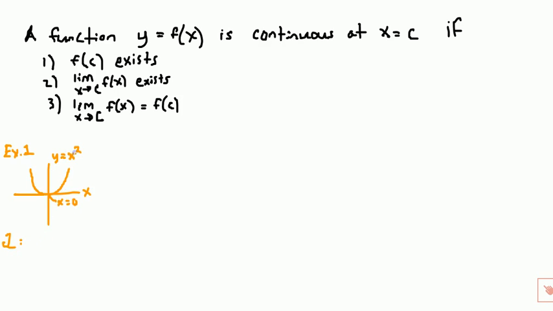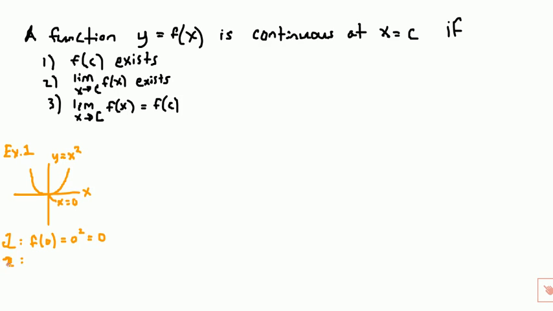Does x squared evaluated at 0 exist? Yes. F of 0, that's just 0 squared, which is 0. That exists. So we're well on our way to showing that this is continuous at the point x equals 0.